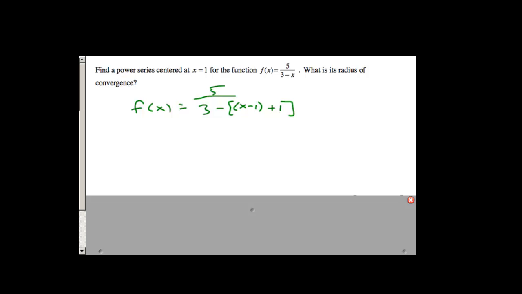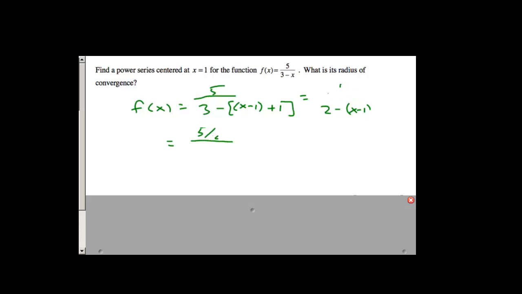Well, if we do a little bit of algebra, we get 5 over 2 minus x minus 1. A little bit more algebra. So divide everything by 2. We're going to get 5 over 2.